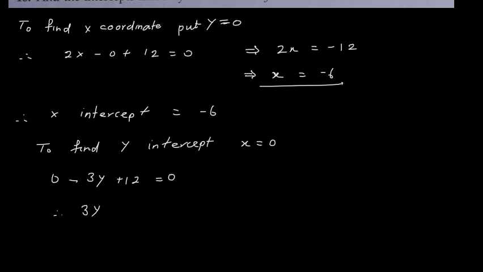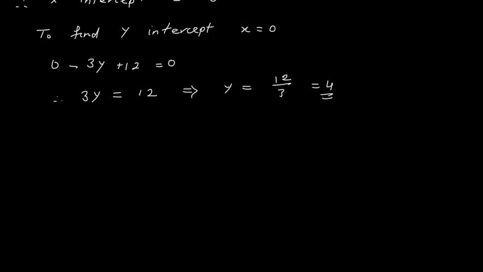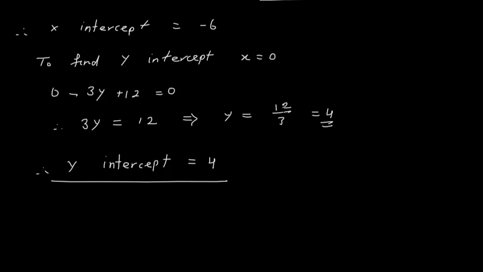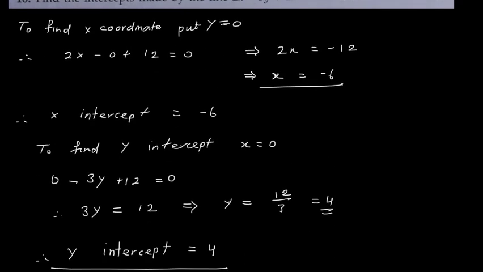Therefore 3y equal to 12. Y equal to 12 divided by 3 is equal to 4. So therefore this is the y-intercept. So y-intercept is equal to 4. So x-intercept you get minus 6 and y-intercept you get 4.